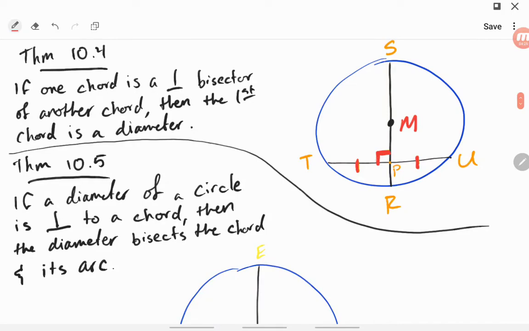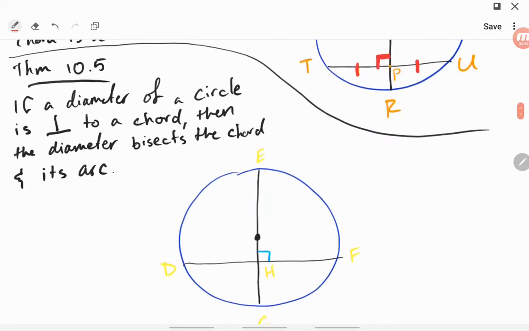It's perpendicular, creates 90-degree angles, and bisects segment TU. If you have a chord that is a perpendicular bisector, then that chord has to be the diameter. Chord SR is a diameter.